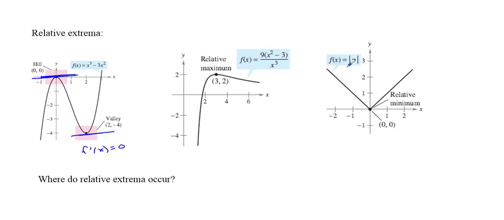The derivative does not exist. Or we can say the derivative is undefined, right? So where do relative extrema occur? Where f prime of x equals 0, or when f prime of x is undefined.